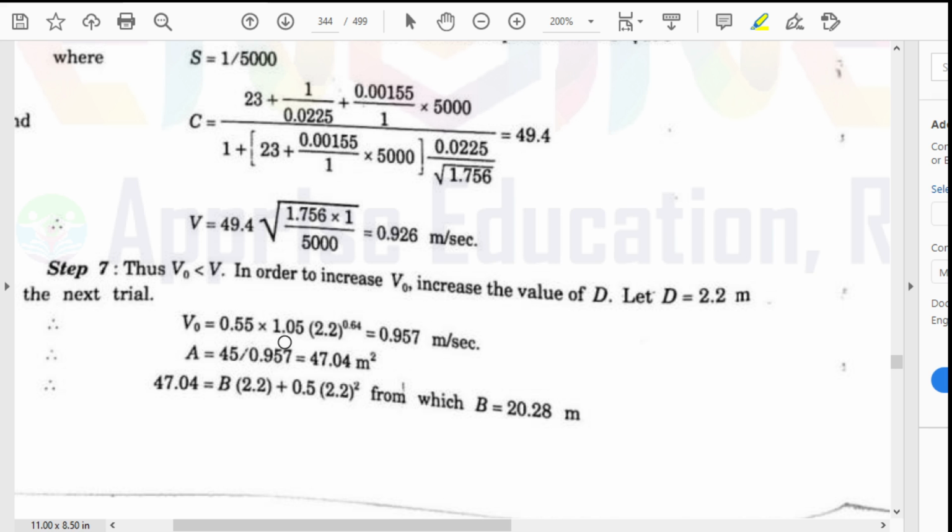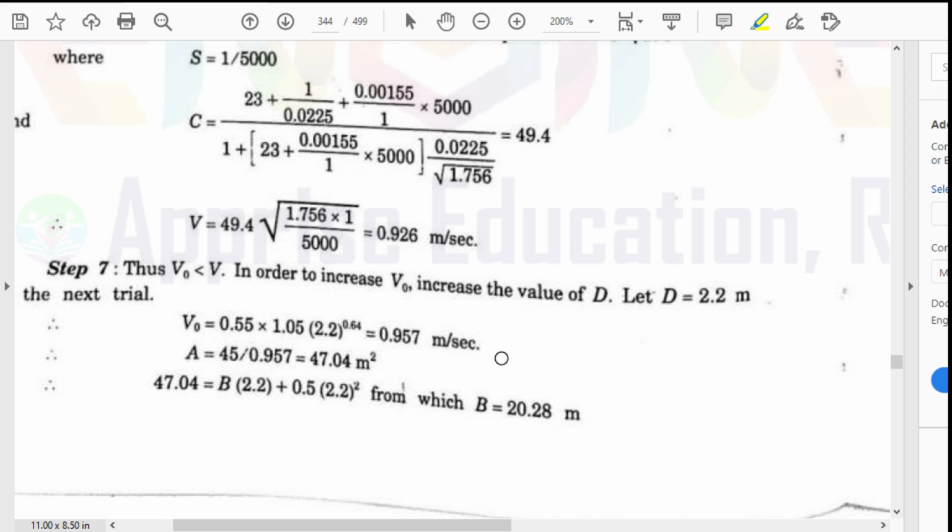Here m is known; only the D will be changing. Instead of 2 we can put 2.2. So the V naught is 0.957 meters per second.